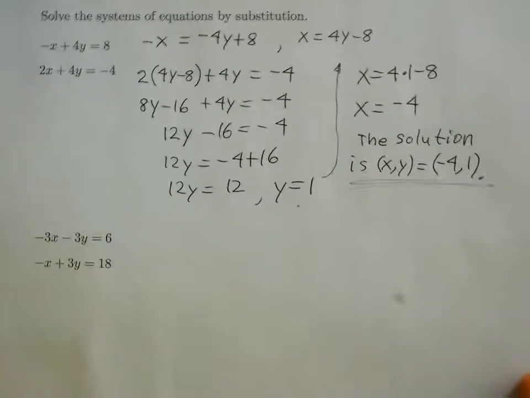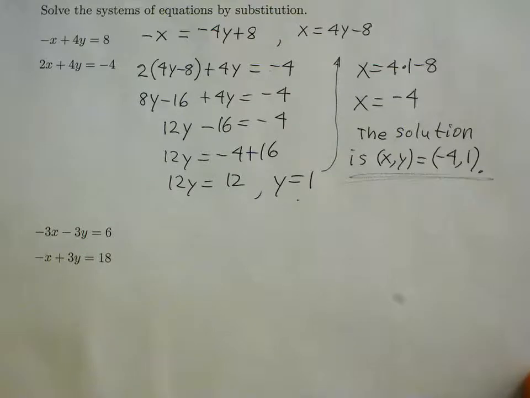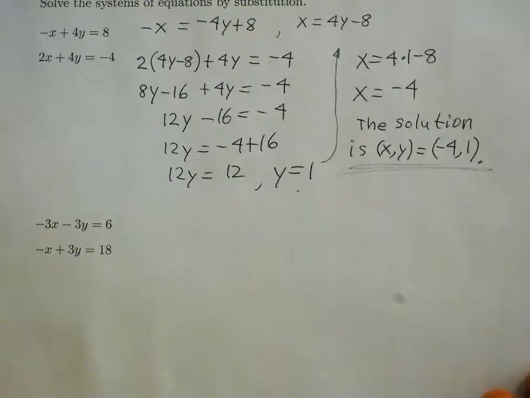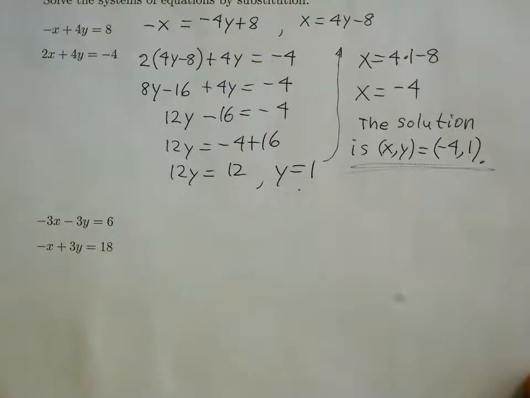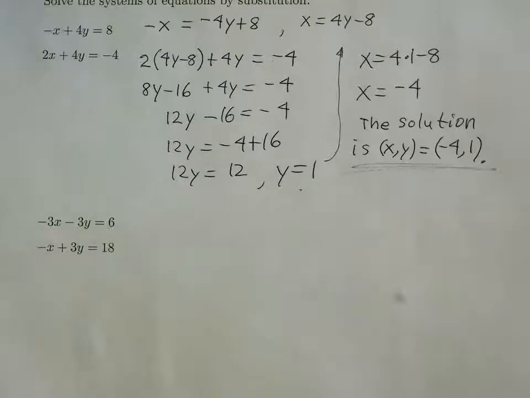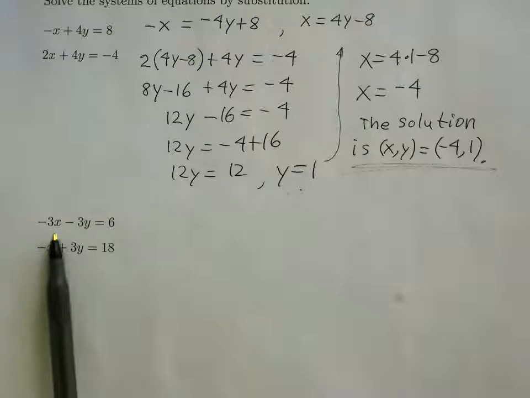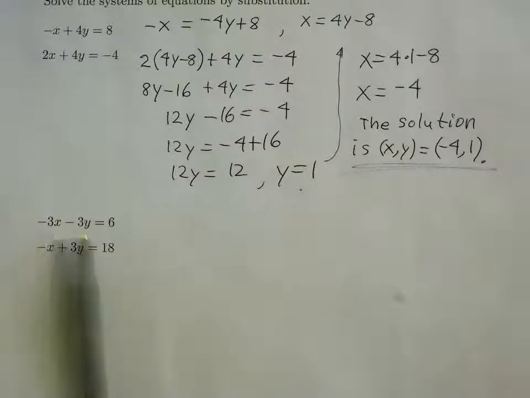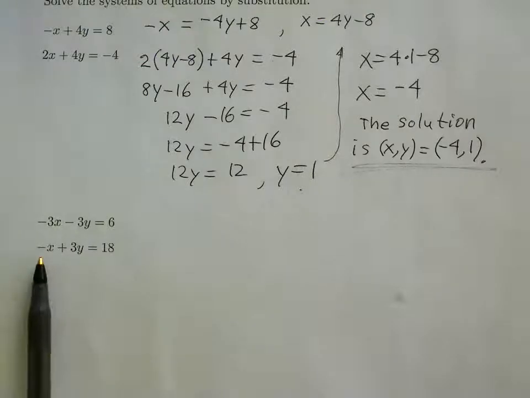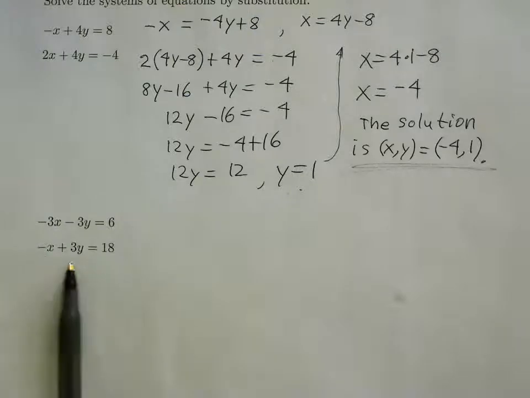Okay, let's solve the next system of two equations by substitution. So we can choose to solve the top equation for x, or we can solve the top equation for y. If you don't like those two choices, we can solve the bottom equation for x, or solve the bottom equation for y.